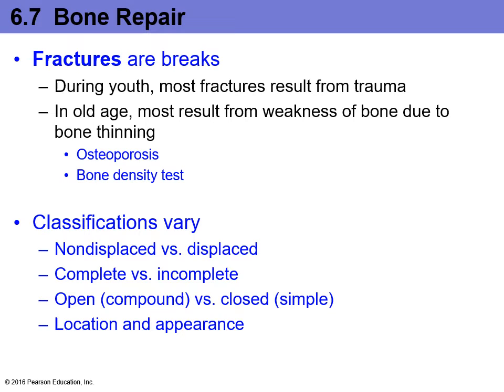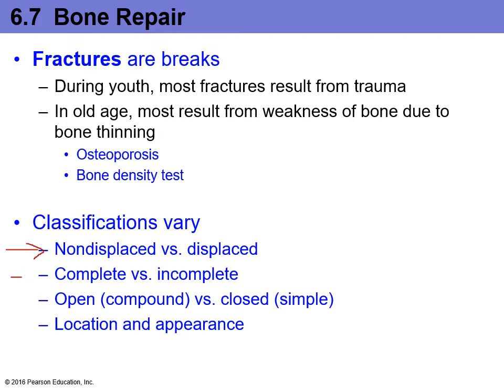Now, the fractures can be classified different ways. It depends, for instance, if it is non-displaced versus displaced. Non-displaced means that even though you have a break, the bone is still within its original location. Displaced means that it has moved from that original location and it has to be reset before it can be properly healed. Complete versus incomplete.